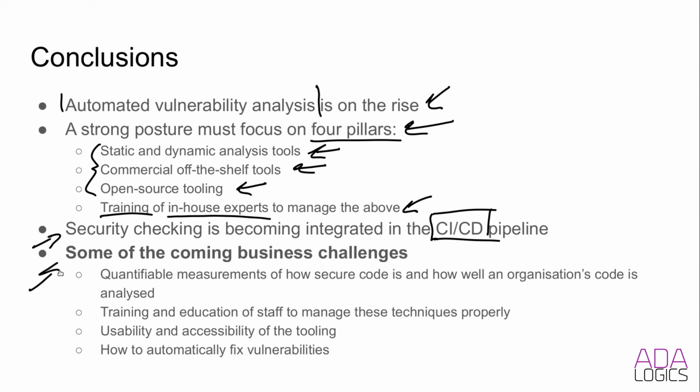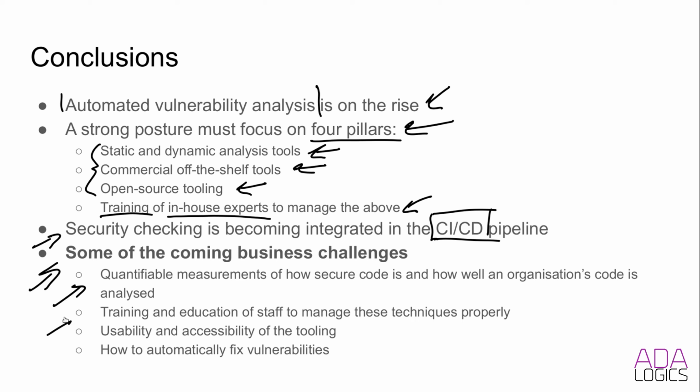Some of the challenges that businesses will have to deal with is finding some type of quantifiable measurement of how secure your code is. This is not very clear, and there needs to be certain improvements in terms of giving a quantifiable status on how good the security posture of a given organization is.